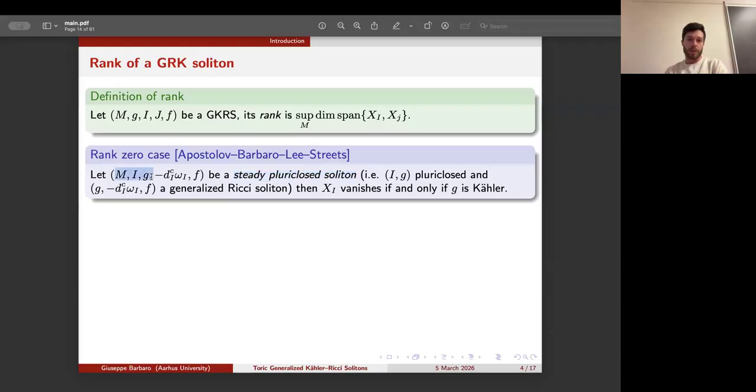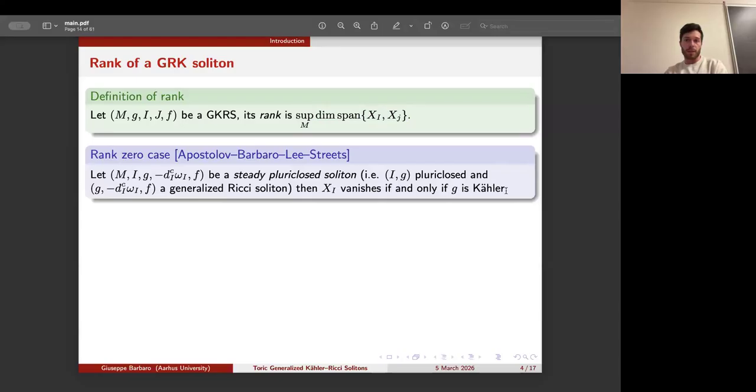So you have your Hermitian structure, this is the torsion, and then you just have this triple be a generalized Ricci soliton. Then the vector field is vanishing if and only if the metric is scalar. So a steady pluriclose soliton is, as I said, half of a generalized Kähler-Ricci soliton. So here, if the rank is 0, it means xi and xj are both 0, so the two structures are both scalar. So the rank 0 case is easy.